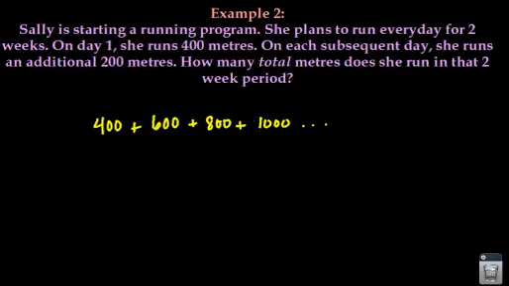Let's make a list of what we know. A is equal to 400. D is equal to 200. And n is equal to how many days there are in 2 weeks, which is 14.